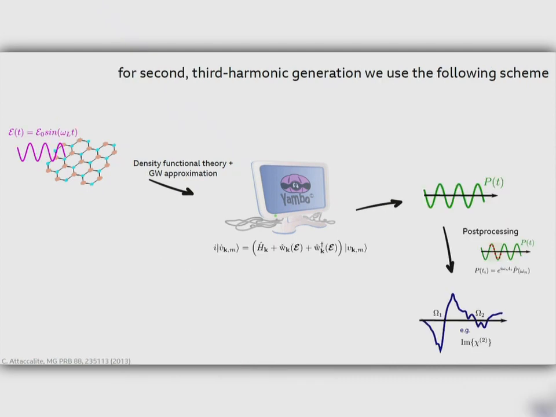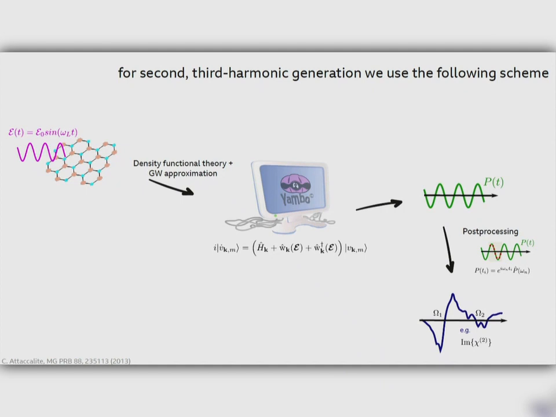So now we finally have these two. We can just integrate this equation of motion and get the polarization. So we have access to different linear and nonlinear properties just by changing the input and changing the post-processing.